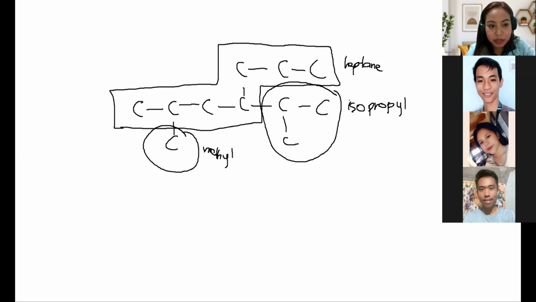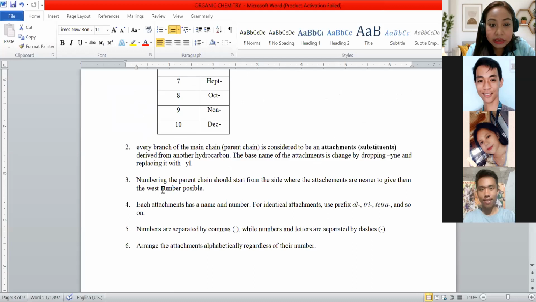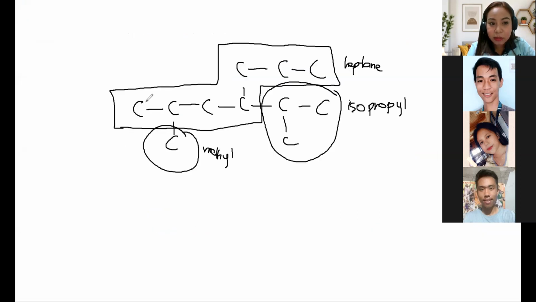Okay, next step. Numbering the parent chain should start from the side where the attachments are nearest, to give them the least number possible. So wherever the attachment is closer, that is where we start. Let's go back to our example. This is one end and this is the other end.